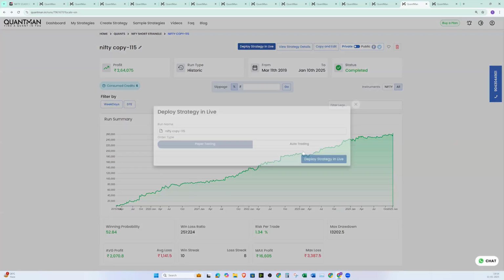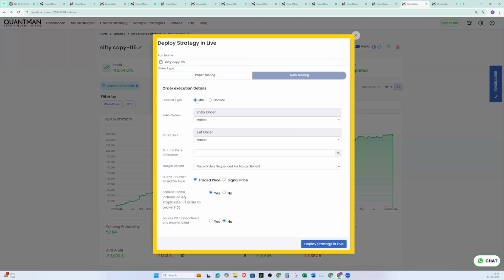If I want to deploy in auto trading, live trading, I need to select the timing. Make sure that if you deploy an intraday order, your exit timing should be 15:14, because the broker RMS will square off your order from 15:15 to 15:20.